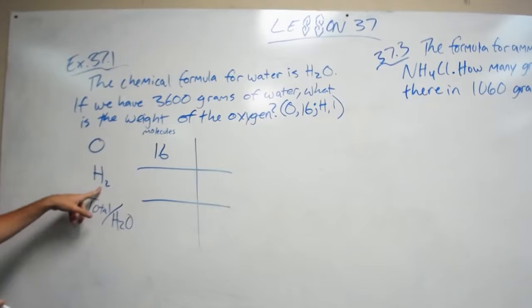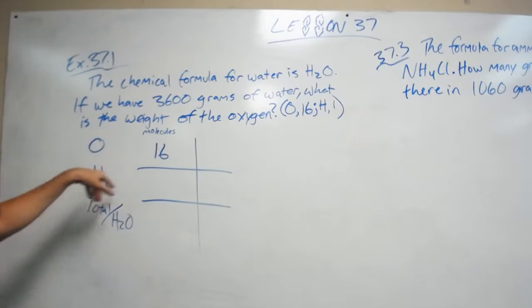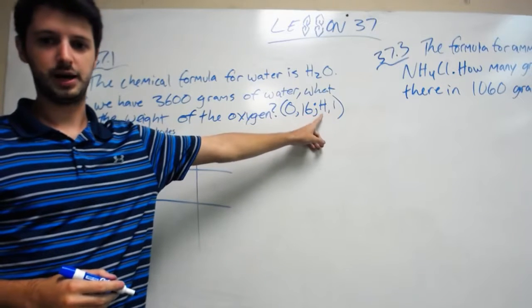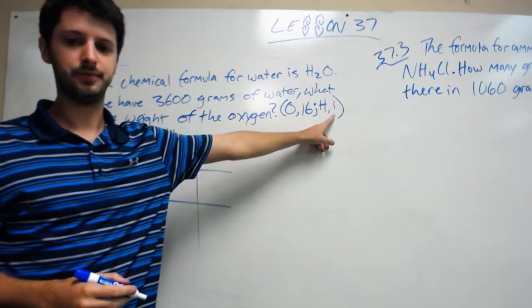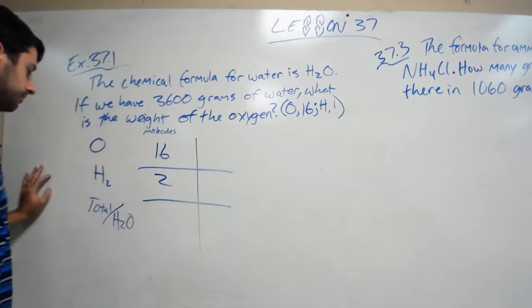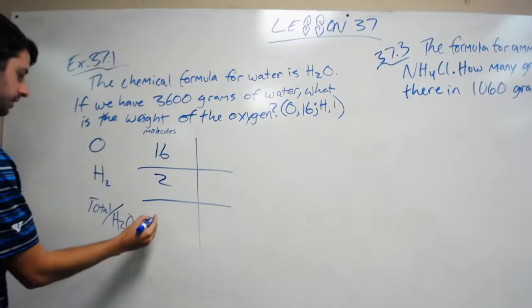So that means there's two H's. Now one hydrogen value is 1. And so if there's 2 of them, you simply multiply it by 2. So 1 times 2 is 2. So the total amount here is 18.